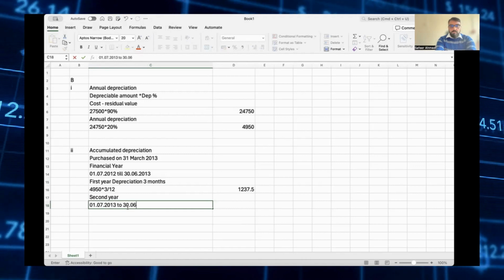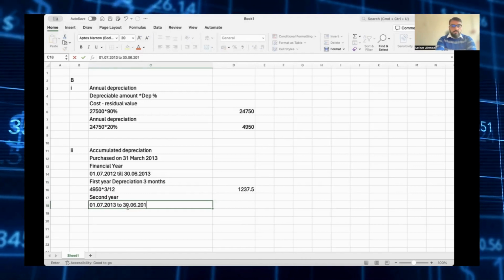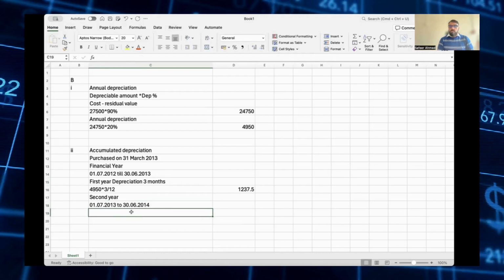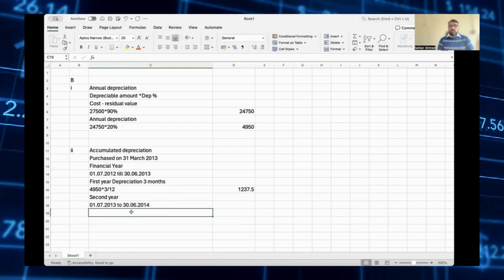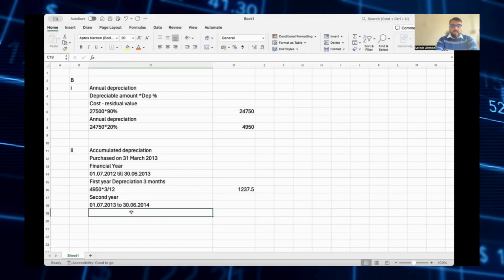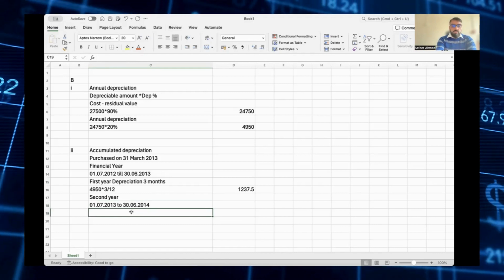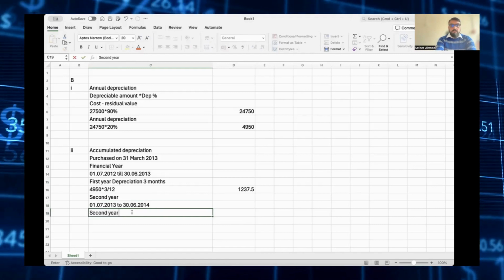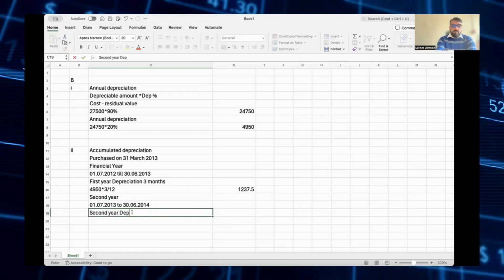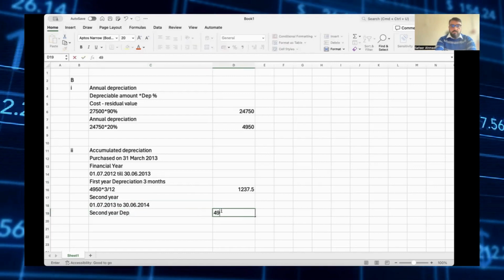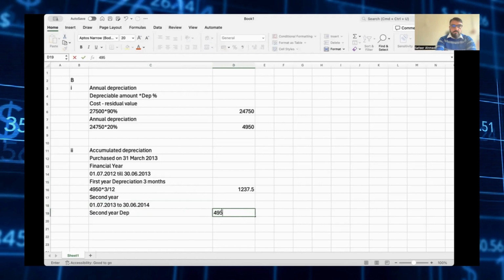So you can see that throughout this year, this business had this van. So which means that second year depreciation will basically be full year depreciation, which is, we already determined that annual depreciation, which is 4950.